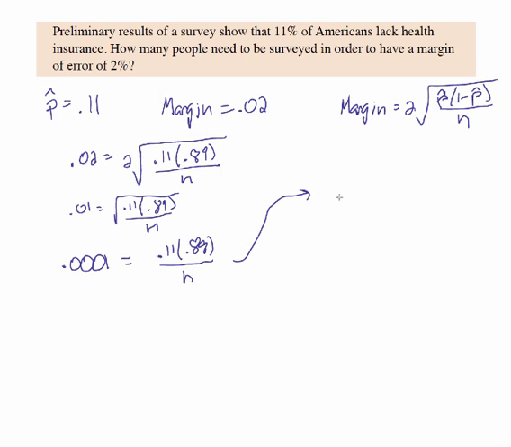Now we'll multiply both sides by n to get it out of the denominator. And finally, we'll divide both sides by 0.0001.